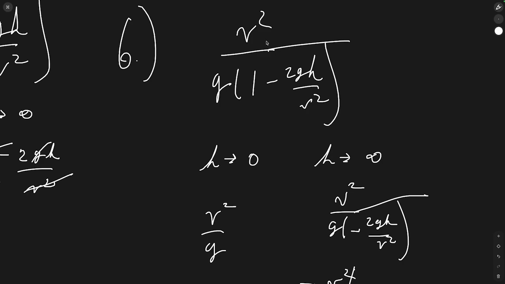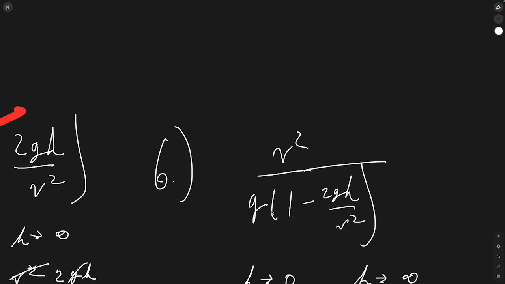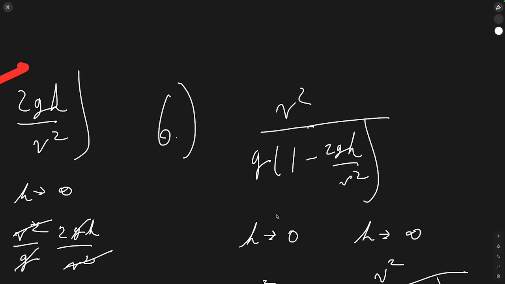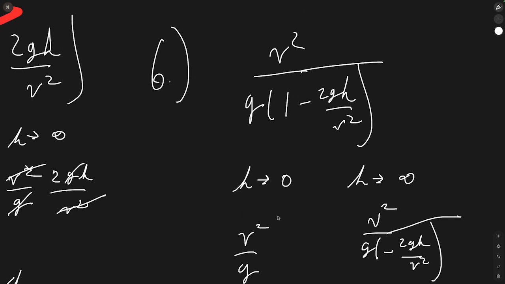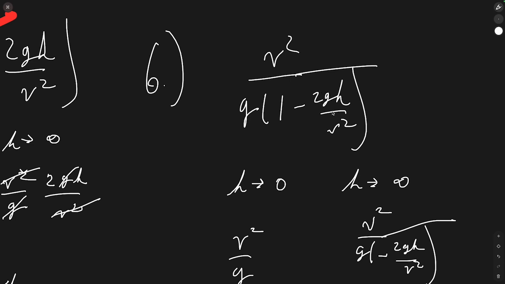So we have v squared over g, and that goes to infinity. That's fine. What about when g goes to 0? Yeah, this term vanishes, and then this goes to 0. No, that's not that weird. This goes to infinity, and that's fine.